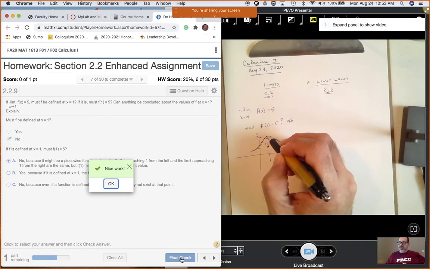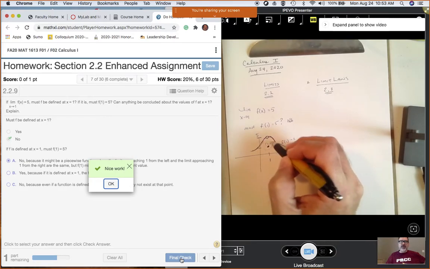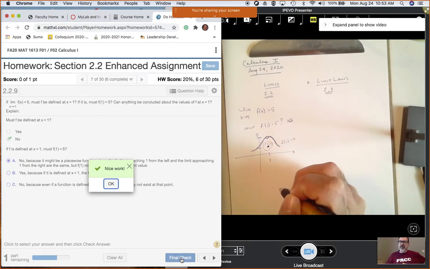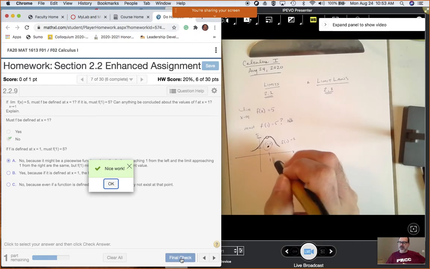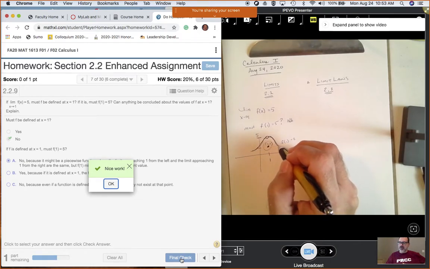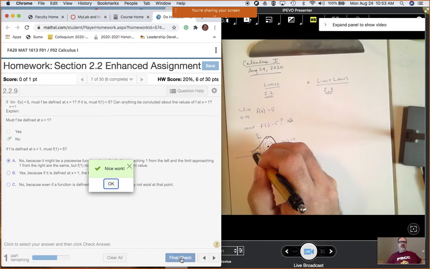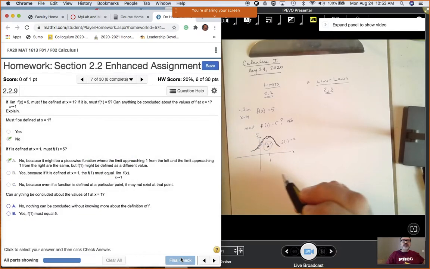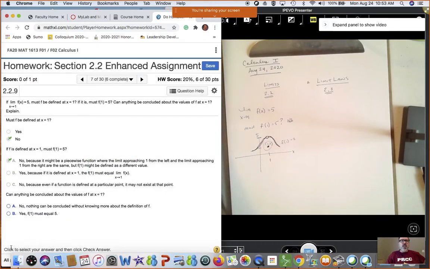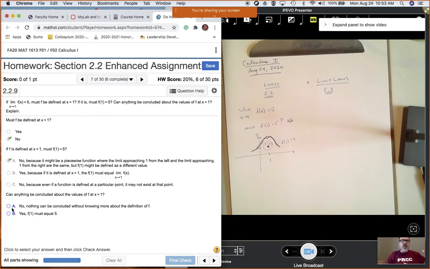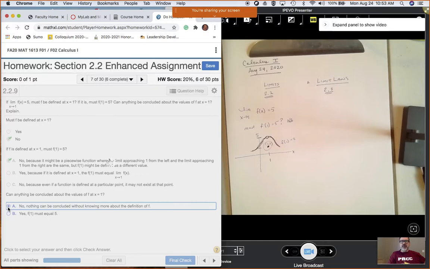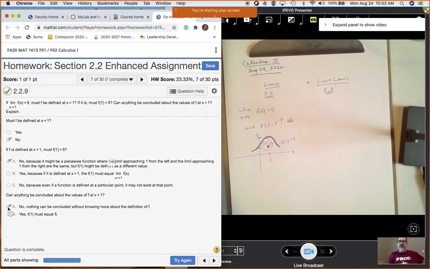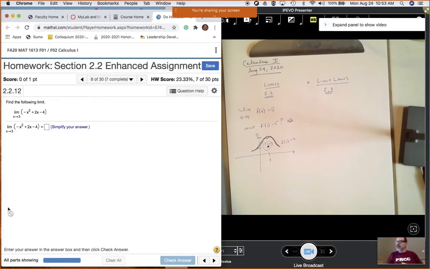Don't care what's happening at the actual point. That's not important. What's important is what's happening as I'm approaching from both sides. And so we don't have any conclusions about the value of the function when x is 1. That's not important to us.